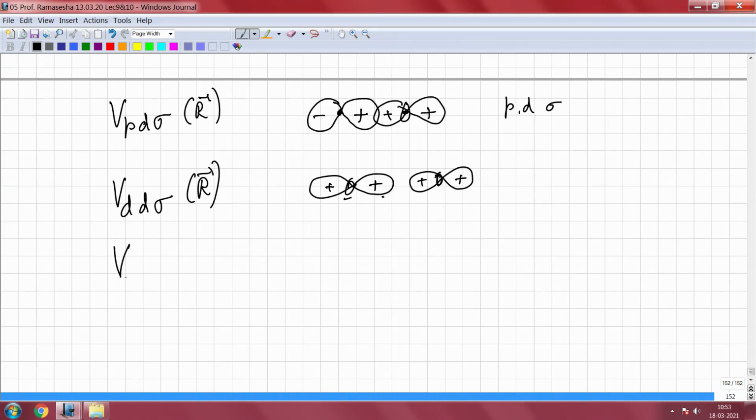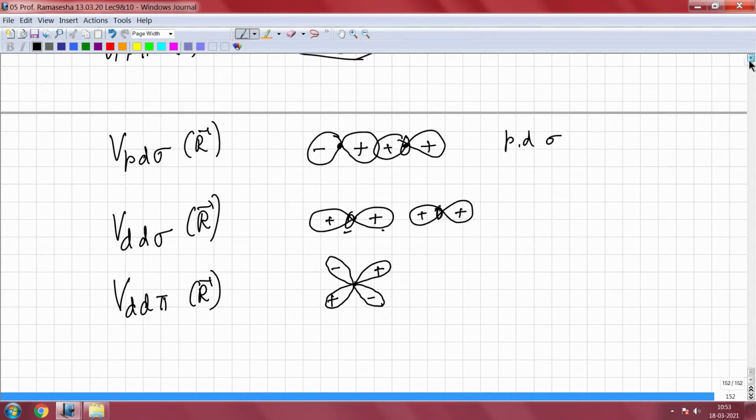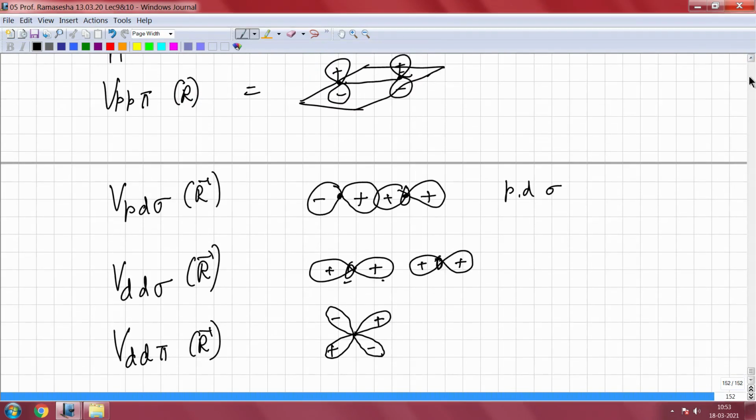And I can have a VDD pi interaction. The VDD pi interaction will be of this form. I only took VPD sigma. I can also have a VPD pi. I did not do the VPD pi.